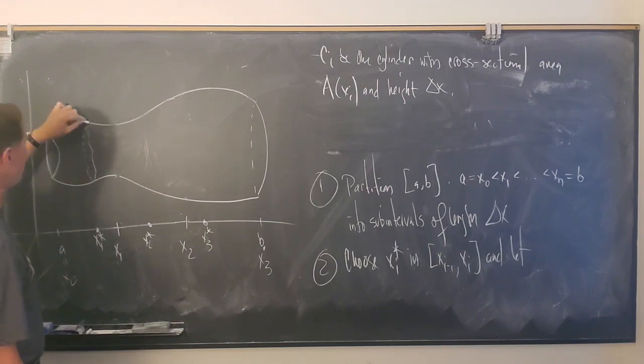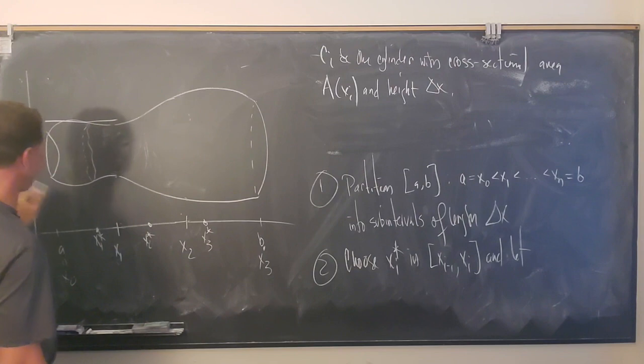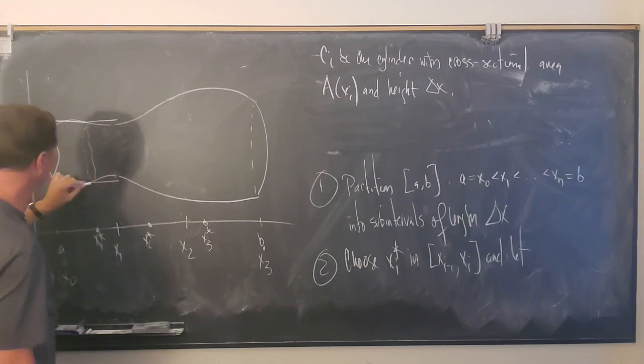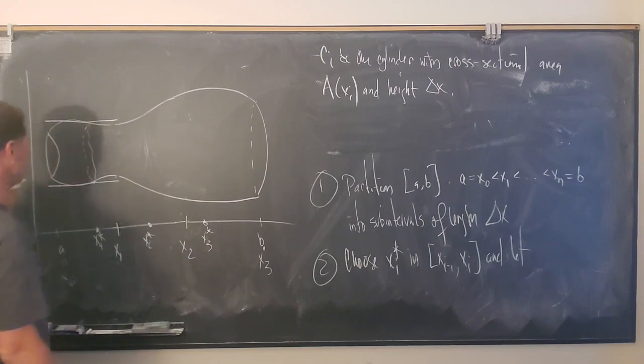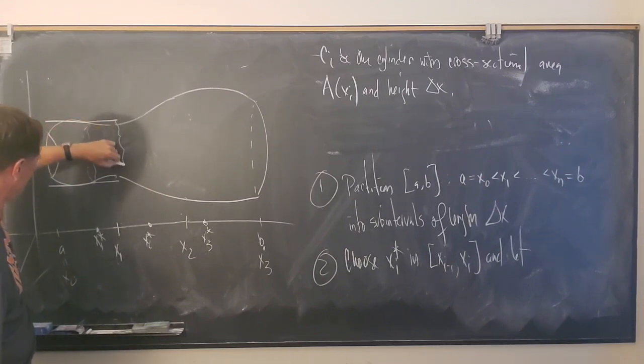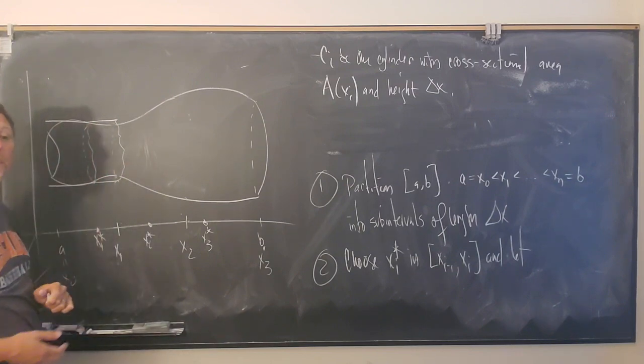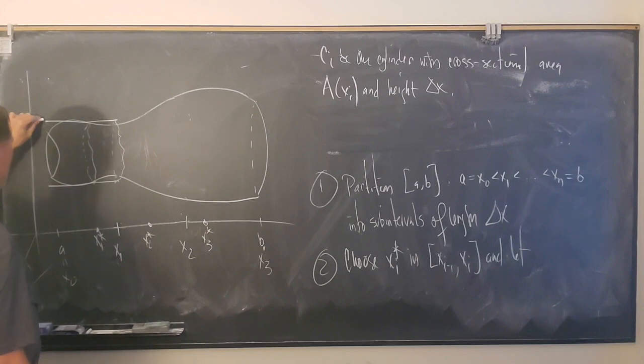And then imagine a cylinder that fills out the entire first subinterval and all the cross sections. I kind of made it a little complicated here. All the cross sections match the one that we get when we chop at xi star. So I should have made it a little less complicated, but that's all right.